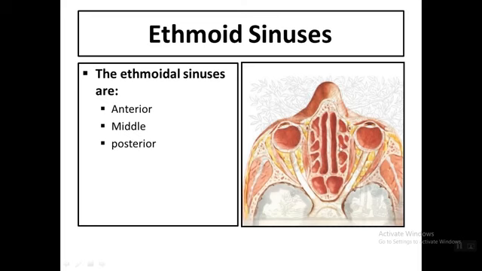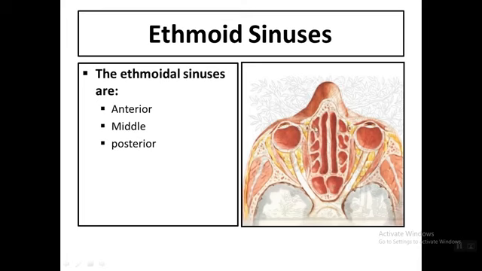The ethmoid sinuses. Here we can see the ethmoid bone. It has two lateral masses and a vertical plate of ethmoid, and this is the nasal cavity. The ethmoid air sinuses are anterior, middle, and posterior. The ethmoid bone attaches posteriorly to the sphenoid bone, and these are the sphenoid sinuses.